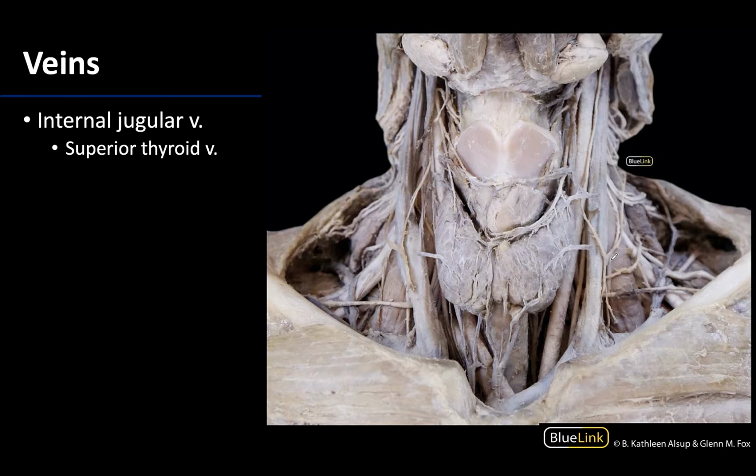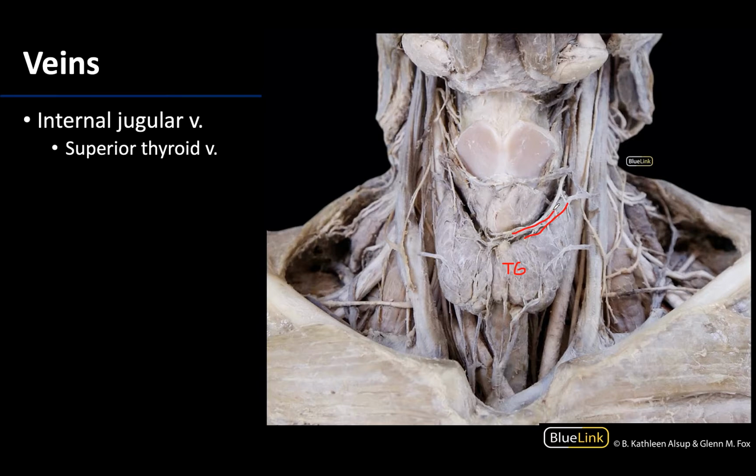Alright, I bet you got it right, but just in case, let's review. Here, of course, is your thyroid gland. So, the vein that is going to supply the superiormost portion of the thyroid gland will be your superior thyroid vein.